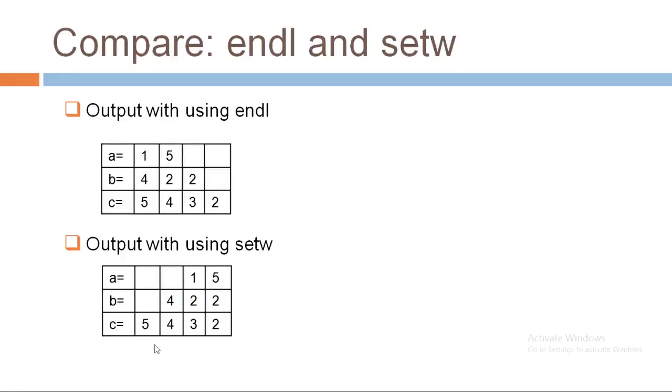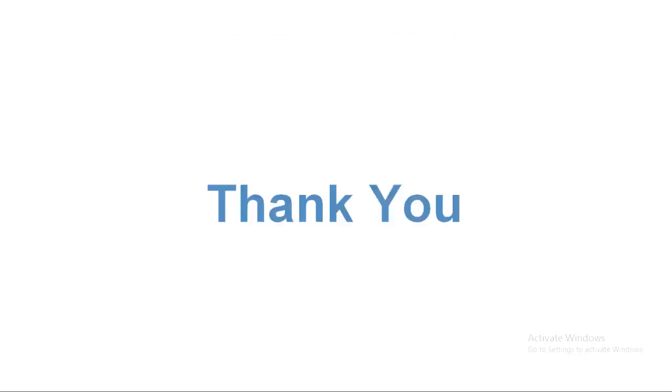So if we want our values to be displayed right justified, then we will use setw. By default, all the values with setw will be right justified. But if we want to display all the values left justified, then that is also possible with setw. Thank you.